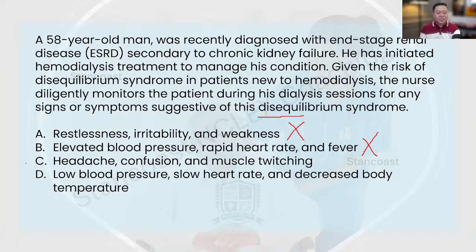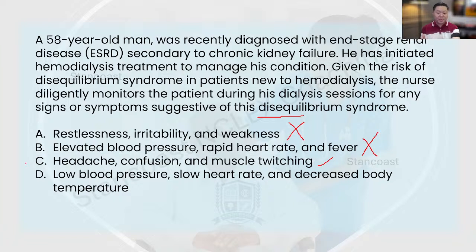Now for letter D, what is this? Low blood pressure, slow heart rate, and decreased body temperature. Similar to the other options, these symptoms are not really characteristic of the disequilibrium syndrome. The low blood pressure itself, the slow heart rate, the bradycardia, they potentially can happen during the dialysis.